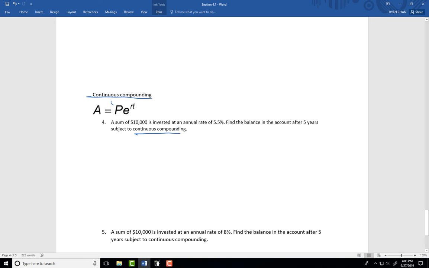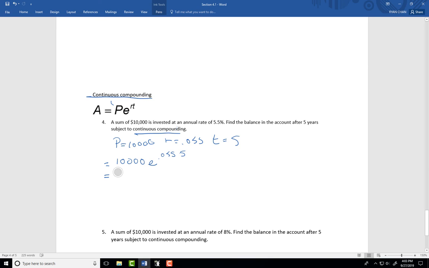Remember, E is just a number. It's 2.718. So we're given a sum of 10,000. So P is 10,000, R is 0.055, and my T is 5. So we just plug it in. I have 10,000 e to the 0.055 times 5. I multiply 0.055 by 5.